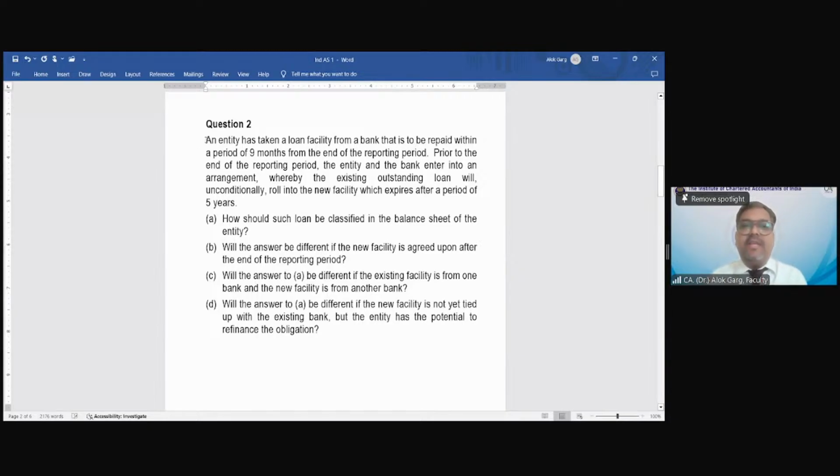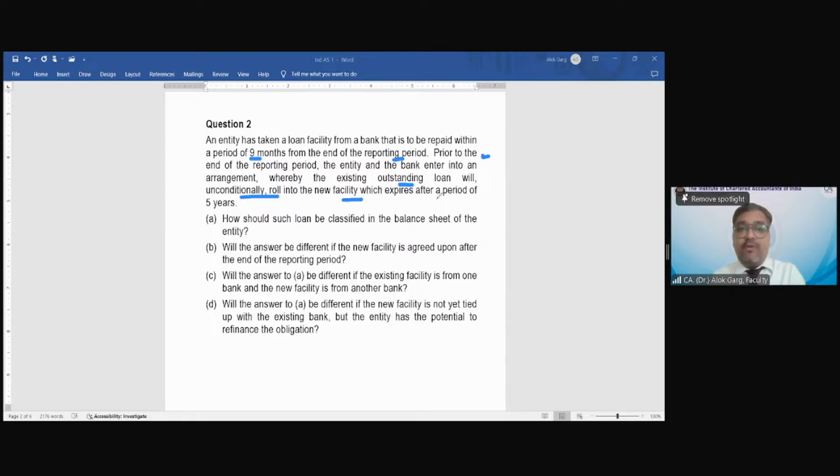An entity has taken a loan facility from a bank that is to be repaid within a period of 9 months from the end of the reporting period. Prior to the end of the reporting period, the entity and the bank enter into an arrangement whereby the existing outstanding loan will unconditionally roll into the new facility, which expires after a period of 5 years.